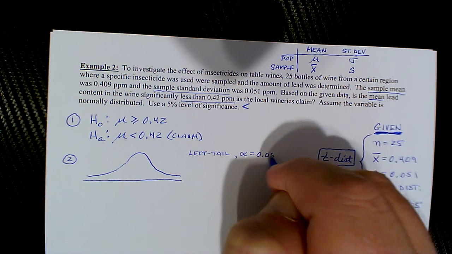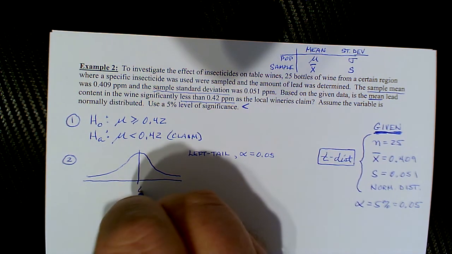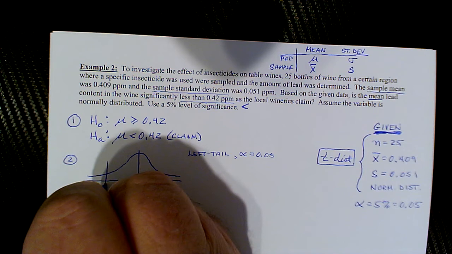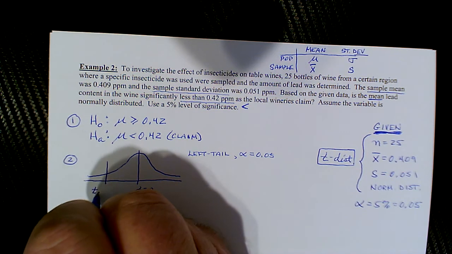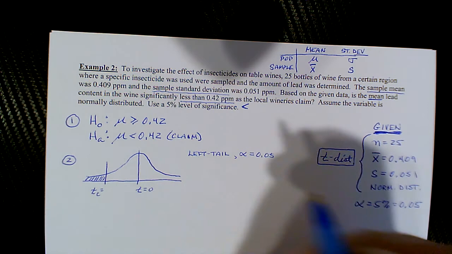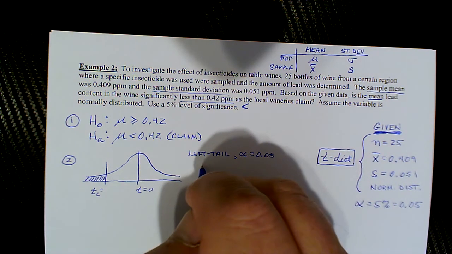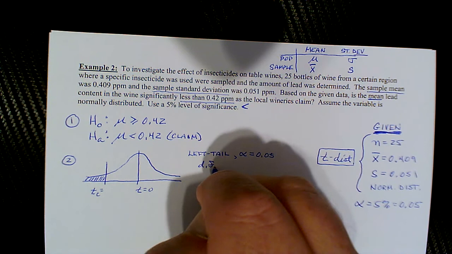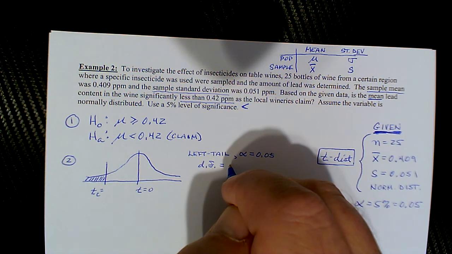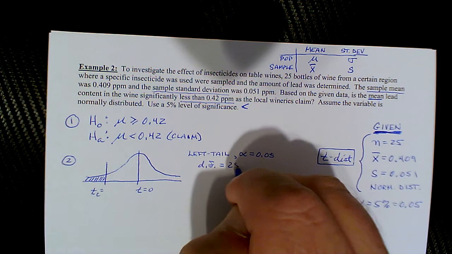Let me draw the left tail. That's t sub c. Shade in the rejection region, which is in the tail. We need the degrees of freedom, which is n minus 1, or 25 minus 1, so 24.